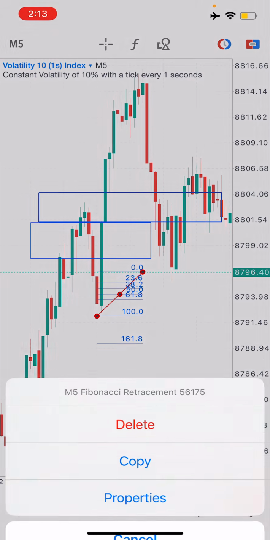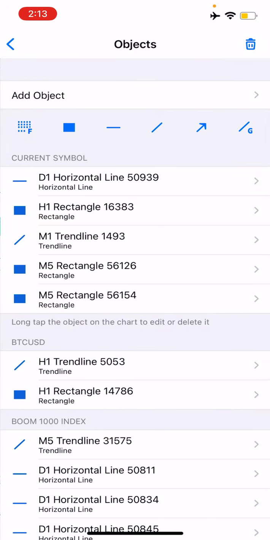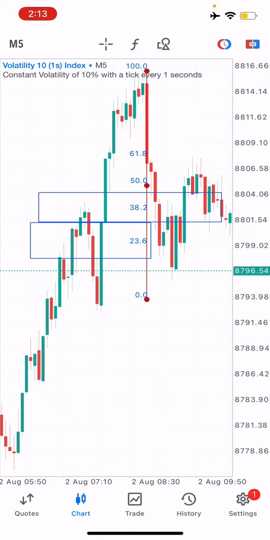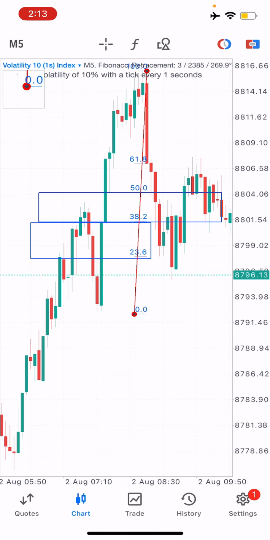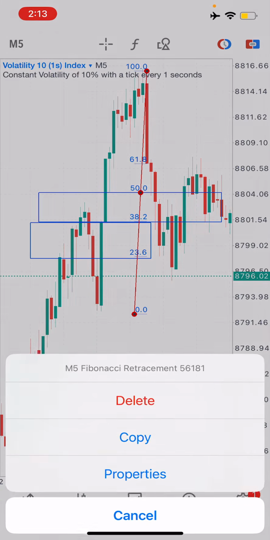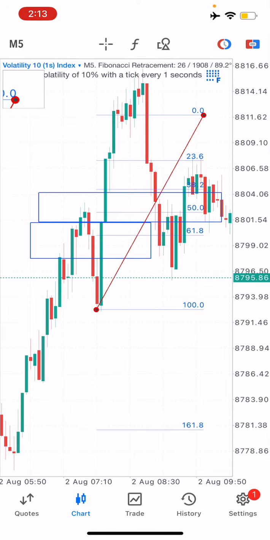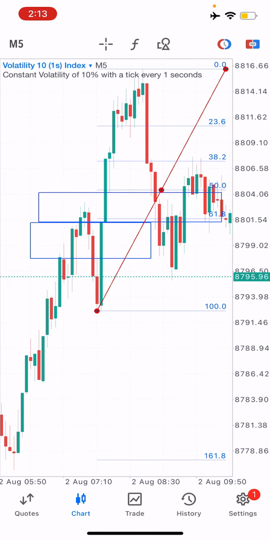Sorry. This was the highest part, and this is the lowest part. Sorry for this. So this is our Fibonacci tool, right?